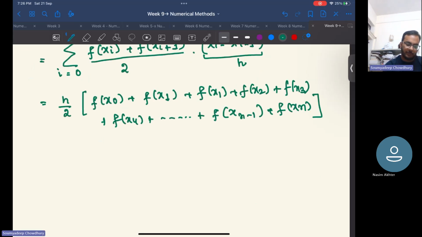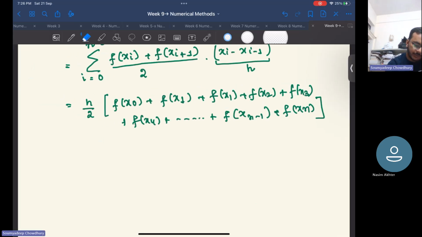So now you can see from here, this f of x1 term is double. f of x2 is also double. So like this, all terms will be 2 times except f of x0 and f of xn.